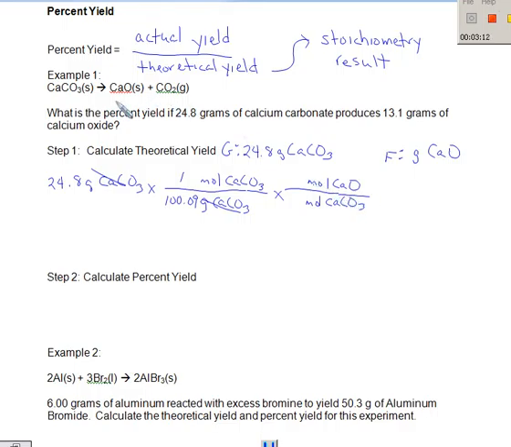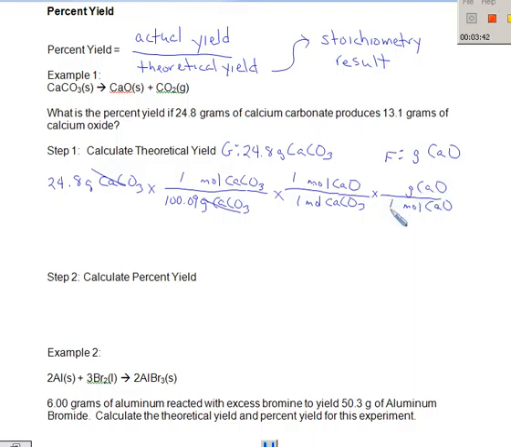We look back at our original problem, and it is a 1-to-1 ratio. So for every mole of calcium carbonate, we produce 1 mole of calcium oxide. We look again at our find, and we're trying to find grams. So we're going to cancel out the moles of calcium oxide and convert to grams of calcium oxide.